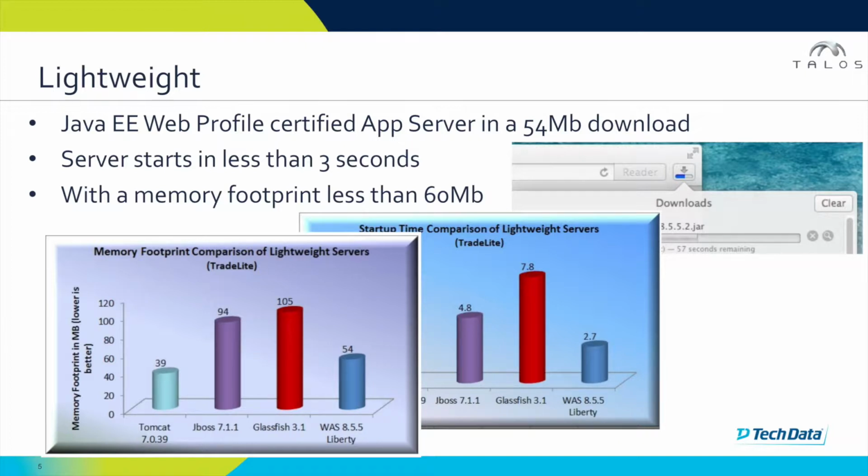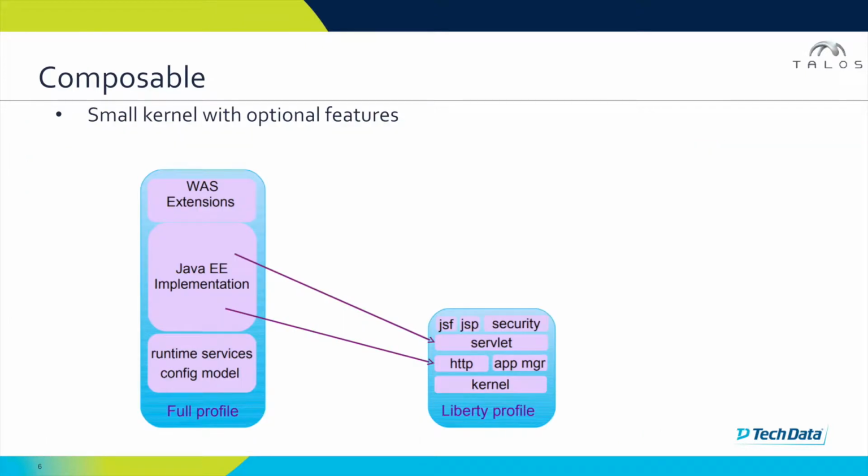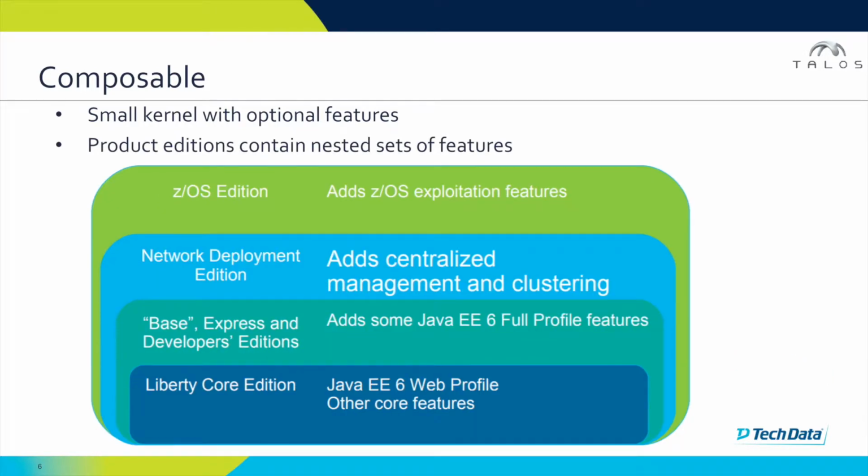It's very small, very fast, very flexible. It's got a very small kernel, and you can add in optional features. So you can compose that server to only contain the parts of the enterprise Java stack that you're actually going to use.